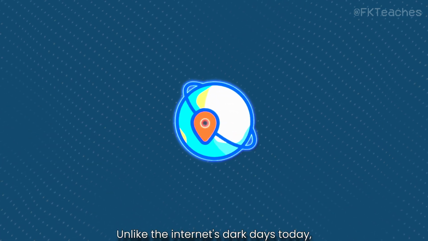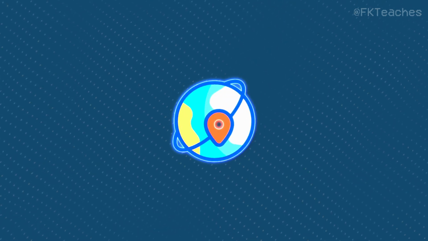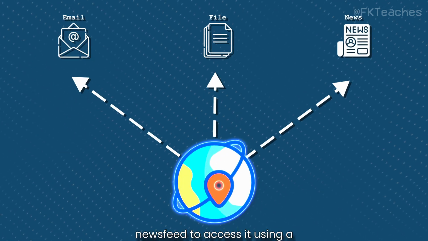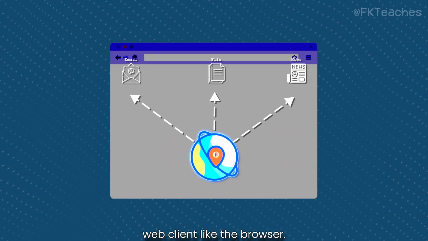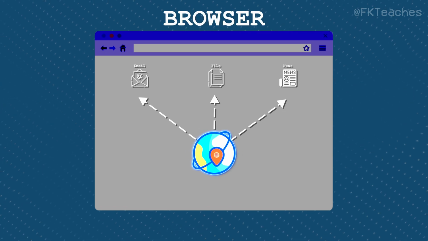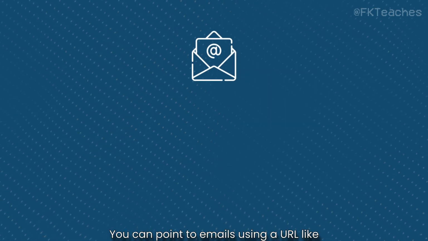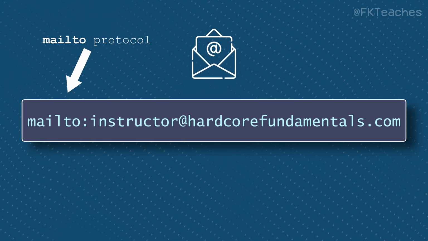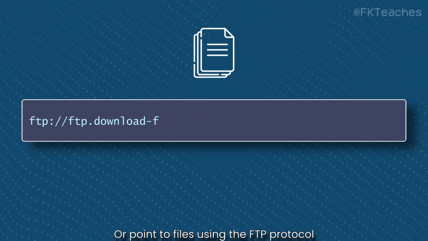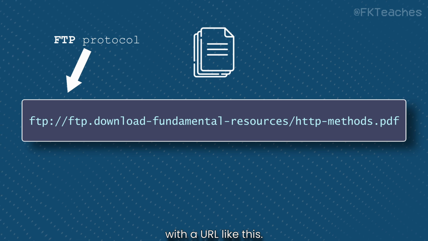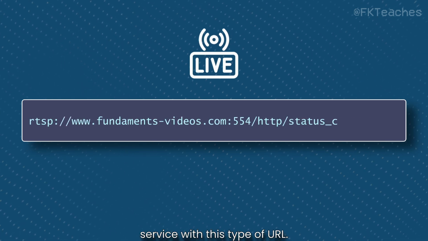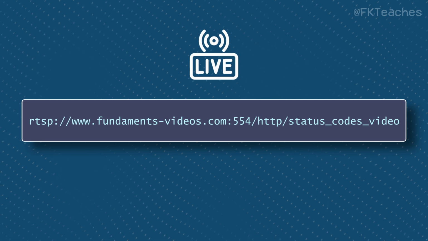Unlike the internet's dark days, today, you can point to any email, file, or newsfeed to access it using a web client like the browser. You can point to emails using a URL like this that uses the mailto protocol, or point to files using the FTP protocol with a URL like this, or even a streaming service with this type of URL.